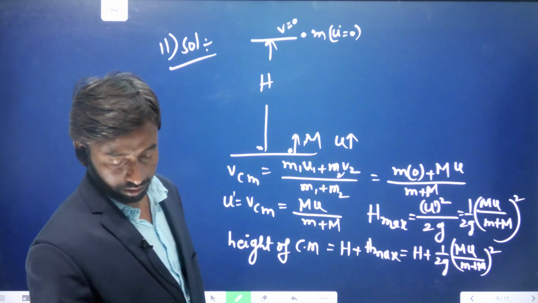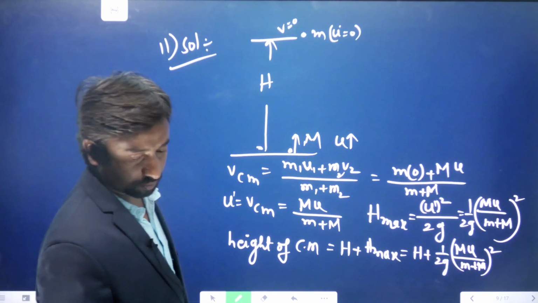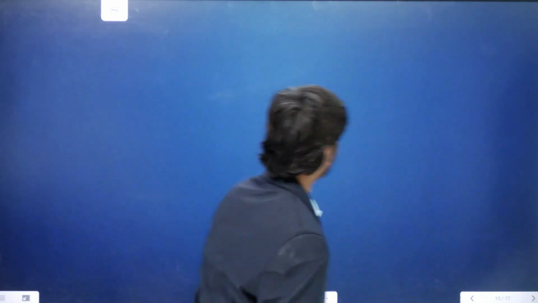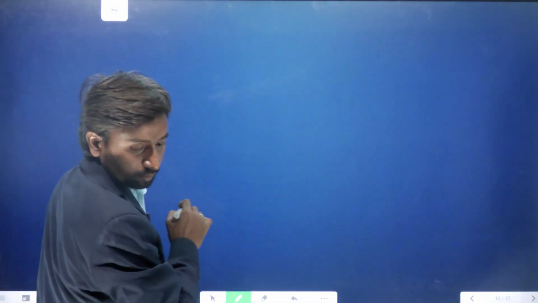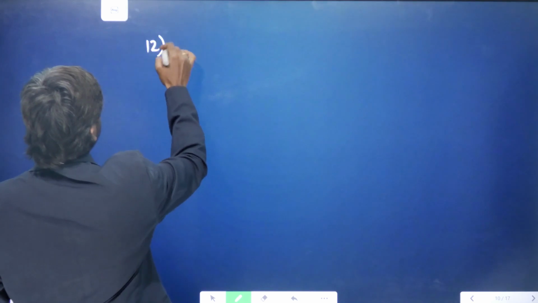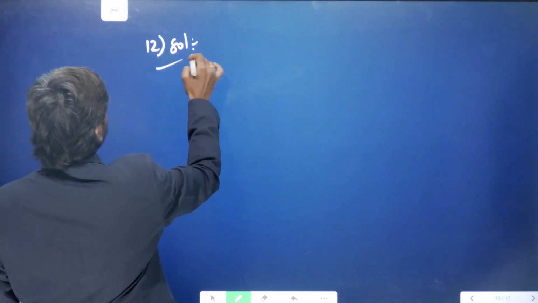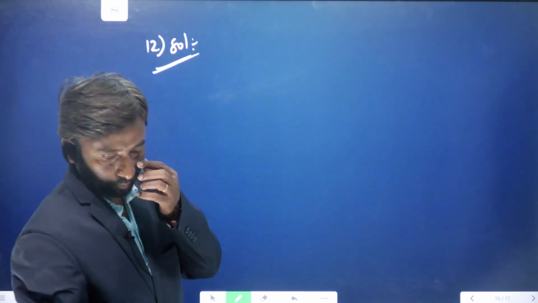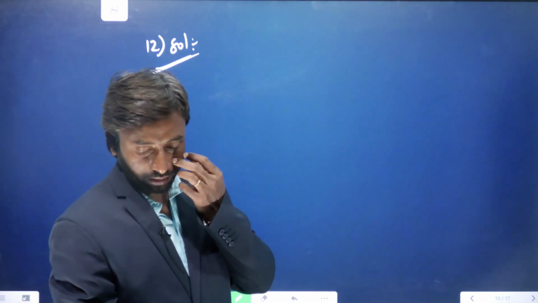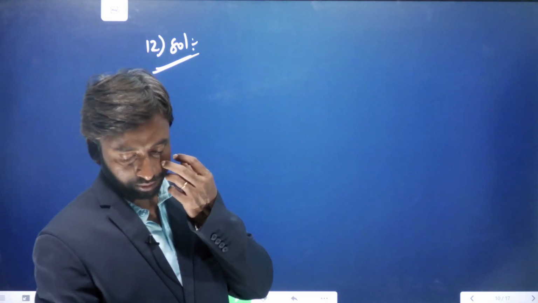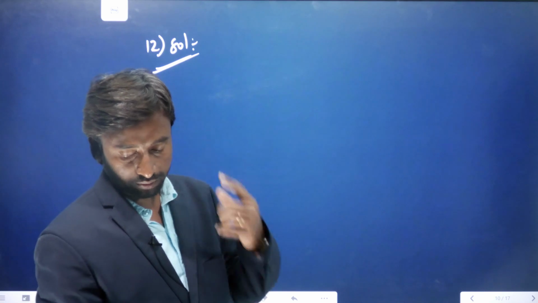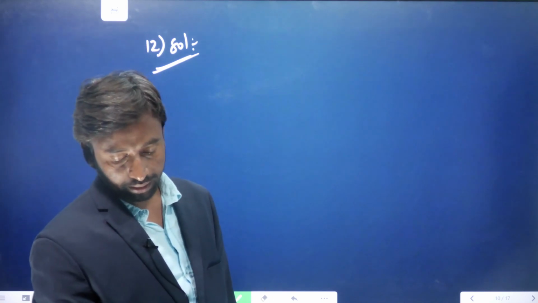Next, the last questions. Your numerical type question, the 12th one. A 4 kg body traveling at 6 meter per second along the x-axis collides with a stationary 2 kg mass at rest.